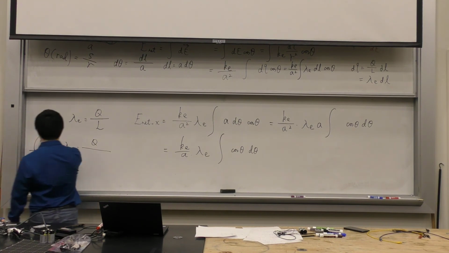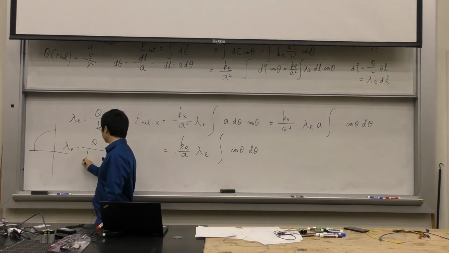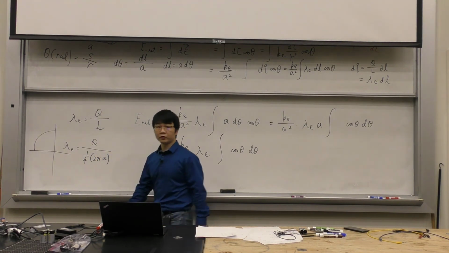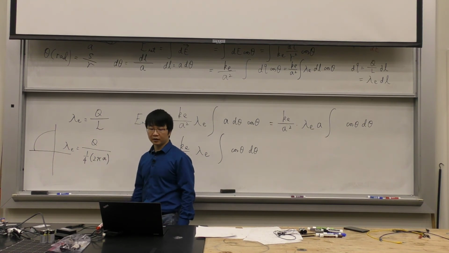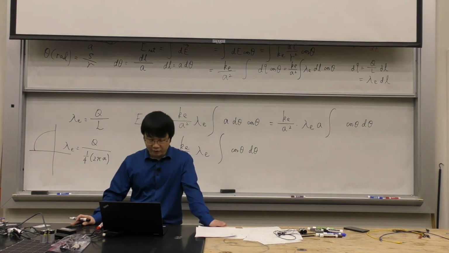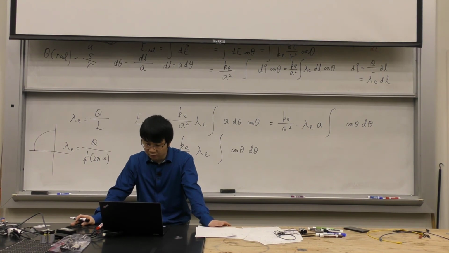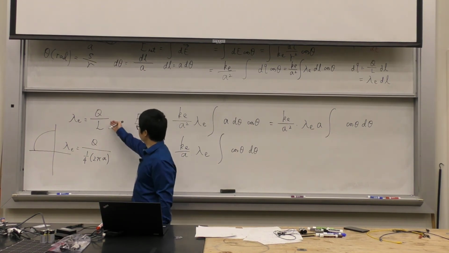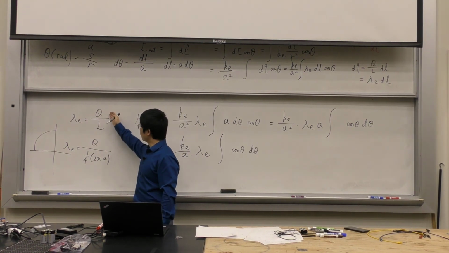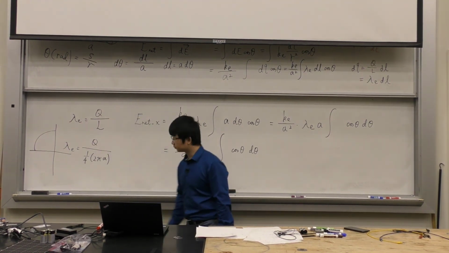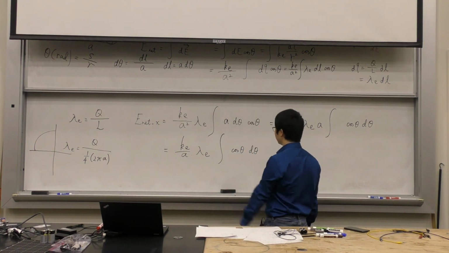That's going to be 1/4 times 2 pi r, 1/4 of the circumference. So that's the expression of lambda_E, which I'm going to plug in at the end. Remember, the problem only gives you big Q and little a, so you have to use these two variables and other constants. You don't have lambda_E, total charge, or total L in the problem.